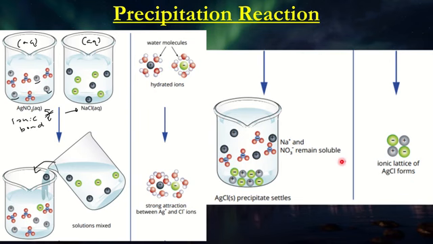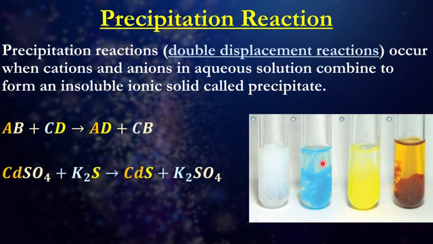The solid you get after two transparent liquids mix with each other is what we call a precipitate, and this forms a solid again. The solid is what we're looking for.